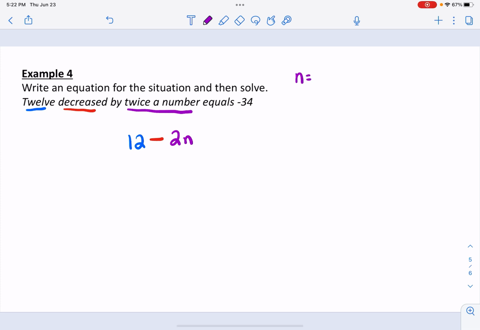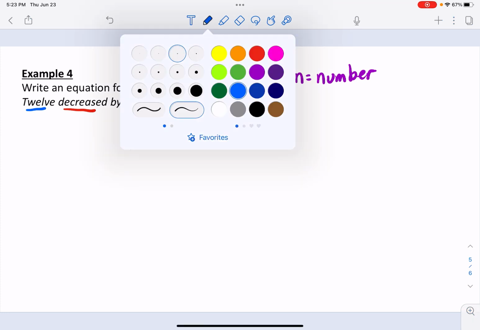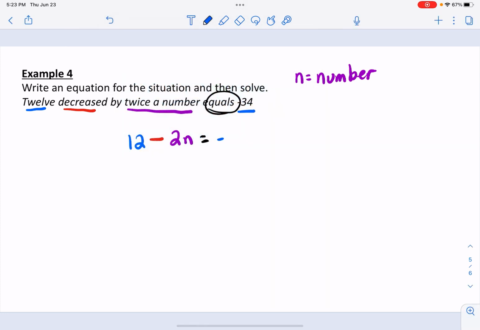And I'm going to remember I needed to define my variable, I forgot. And it's going to be our number equals -34. Oh, I already used blue.